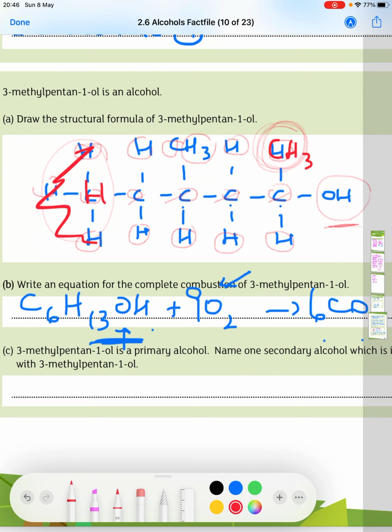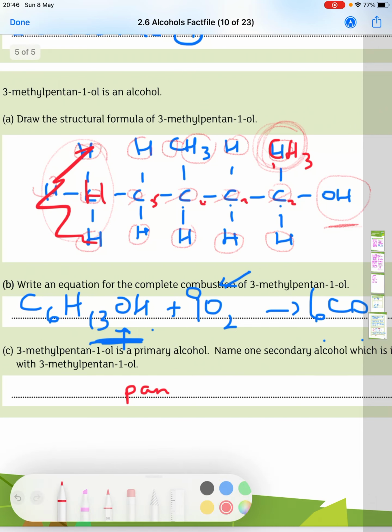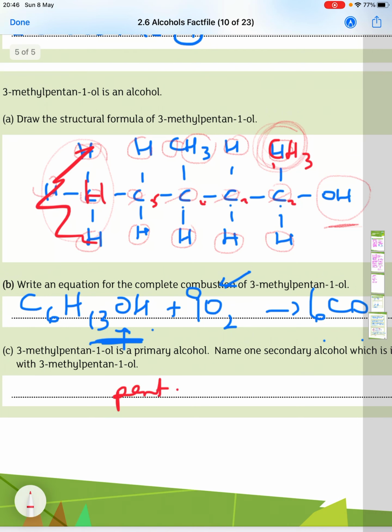So it's going to be a 2-ol, so 1, 2, 3, 4, 5 would be pentan, and it's 2-ol.